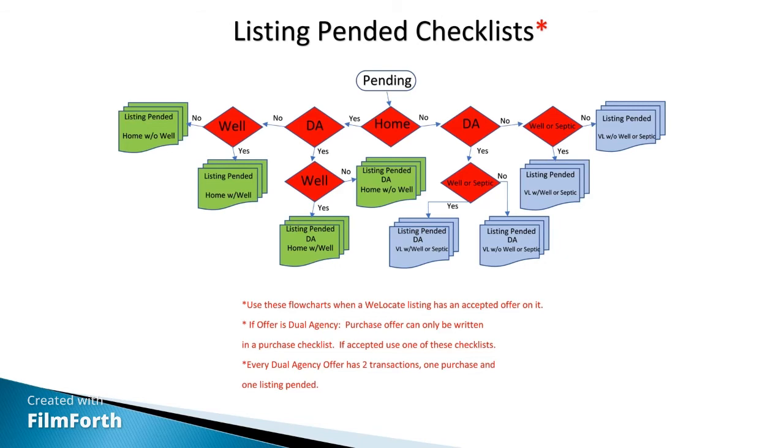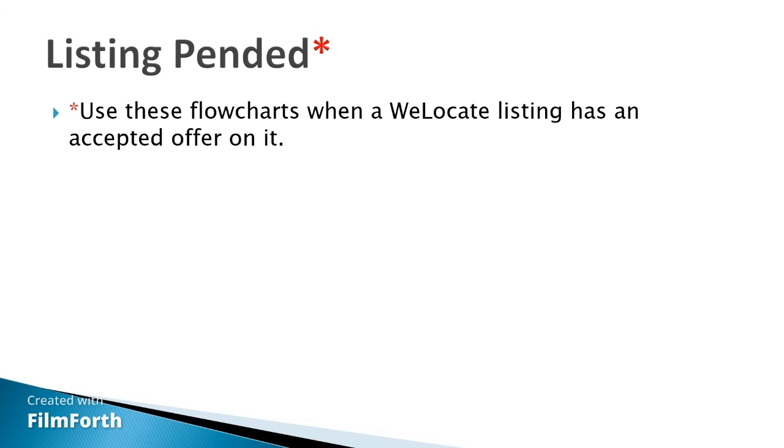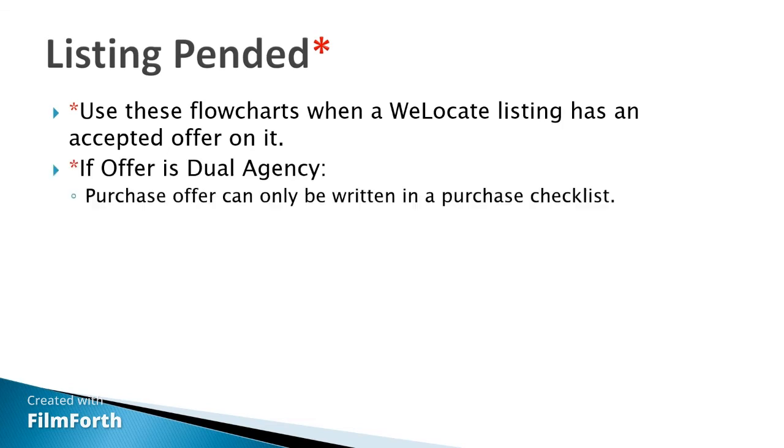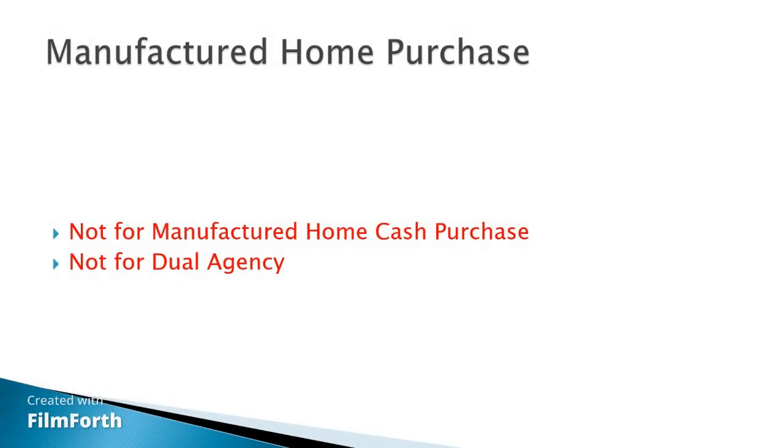If a listed transaction is accepted, you will still need to add a separate transaction totally, and we'll cover that a little bit later, how to get around that. The manufactured home purchase, with or without a well, and with or without dual agency.